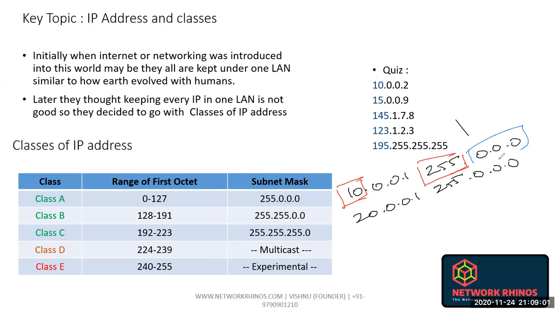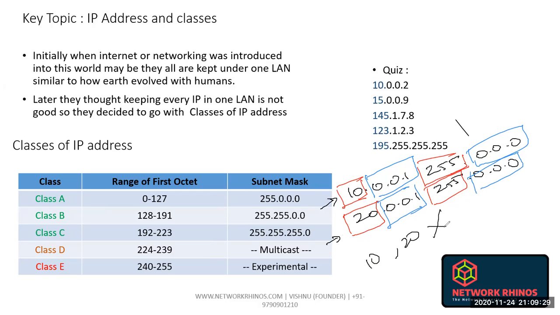Remaining 3 octets are zeros, which means these 3 are my host portion. Similarly, in my second IP address, first octet is my network portion and remaining 3 octets are host portion. Now in IP1 and IP2, is my network portion same? Here it is 10, here it is 20. No, they are not same, which means these IPs belong to different LAN network.